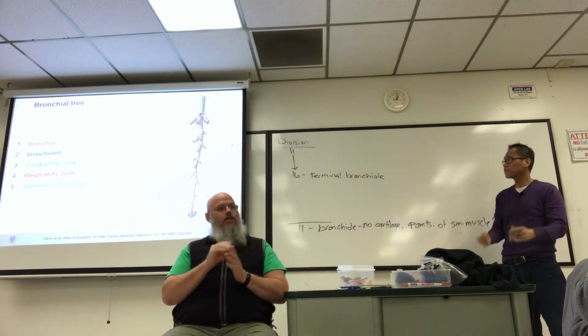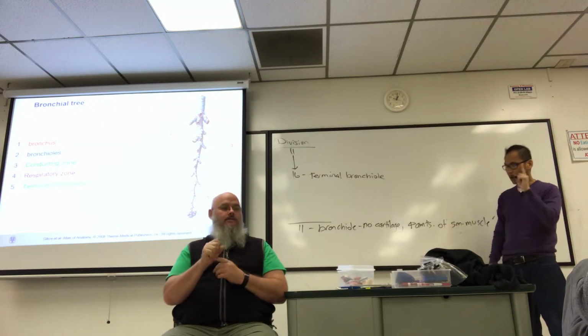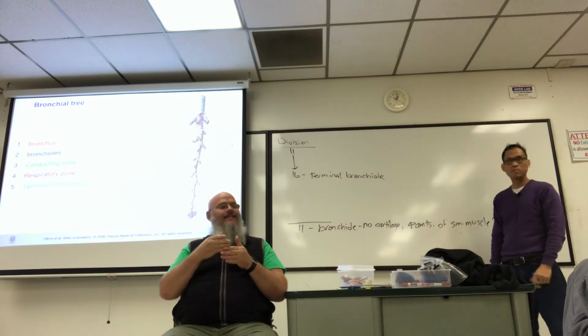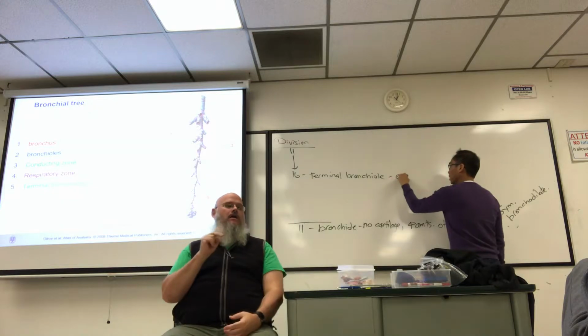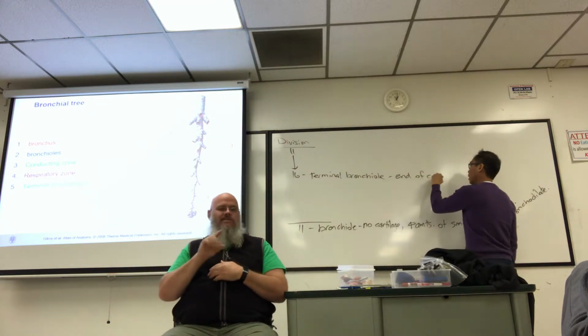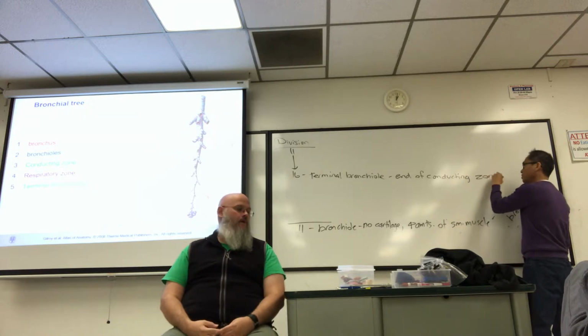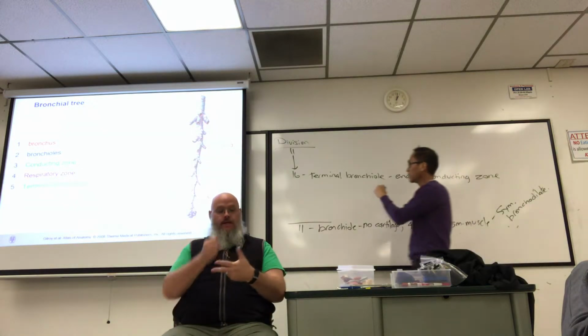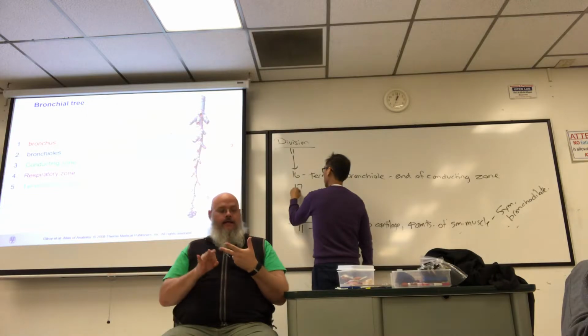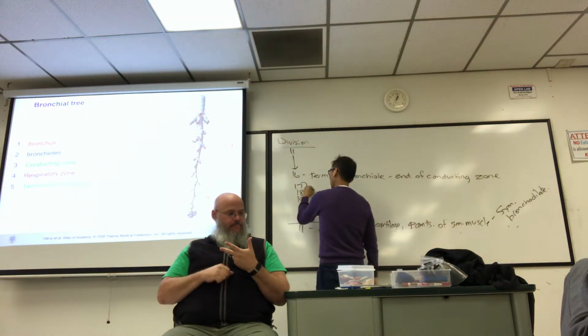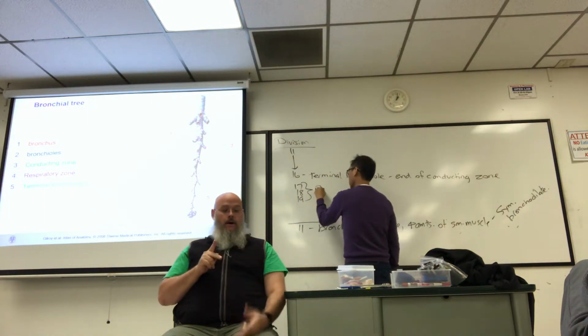Okay, a lot. And the terminal bronchioles mark the end of the conducting zone. The next 3 orders of division, 17, 18, 19, call them respiratory bronchioles.